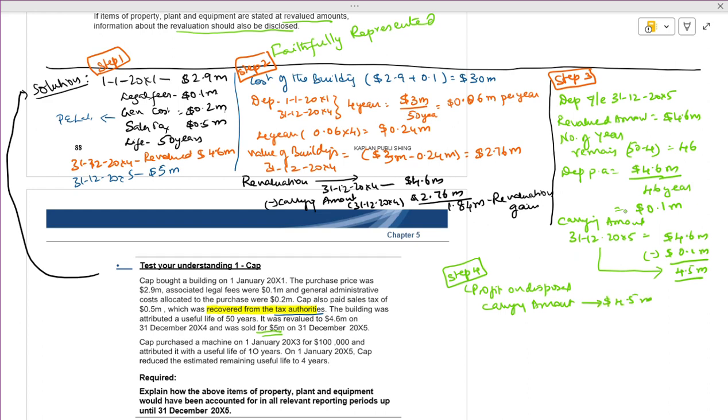Is it right? The sale proceeds are 5 million. Okay, so what is the profit? Profit is 0.5 million. This is the profit on disposal.